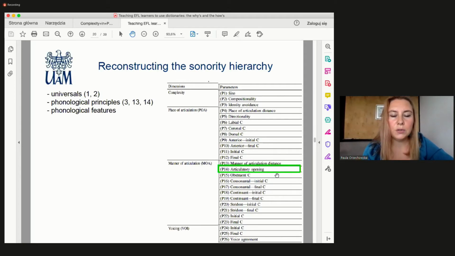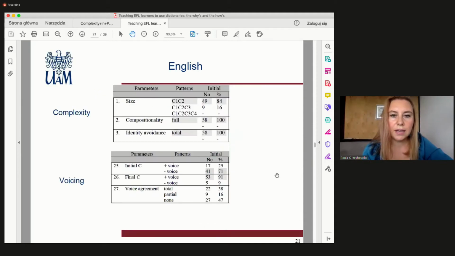Okay, so all these 26 parameters were used to describe clusters, and I'll just show you on the example of two dimensions, complexity and voicing, how it was done in English, and then I'll present the summary of the results for all the languages. So for example, imagine that in English, cluster size is the following. We have doubles and triples, 2-member, 3-member clusters.